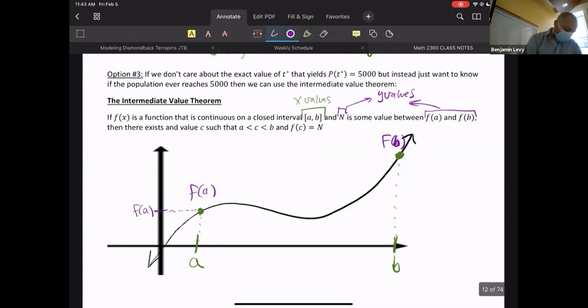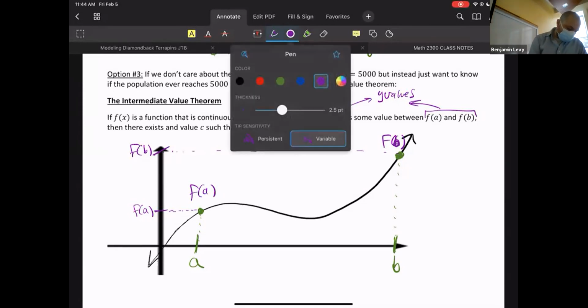This corresponds to that point on the y-axis. And let's pick n somewhere between the two of them, is what that says. N is a value between f of a and f of b. So I'm just going to put n right here. Let me use a third color.